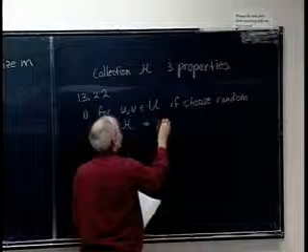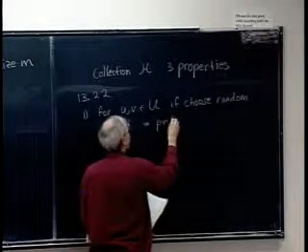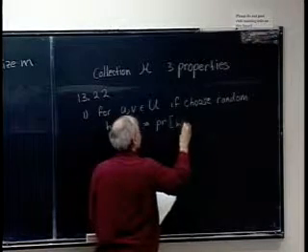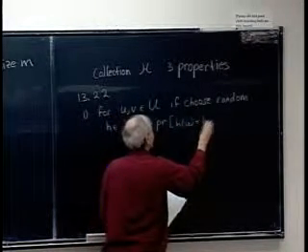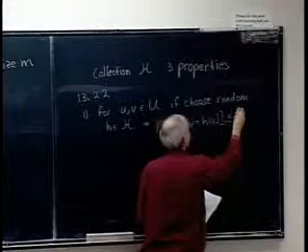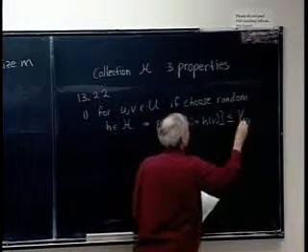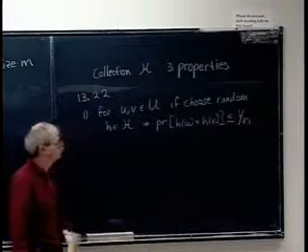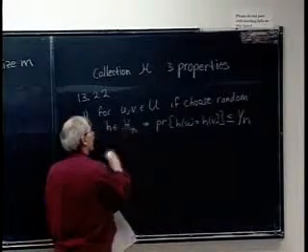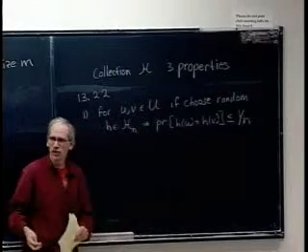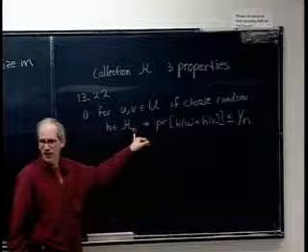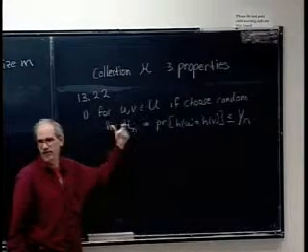Then the probability that these two collide is equal to or less than 1 over n. And again, let me emphasize that here we're assuming that our universal collection is mapping to a range of size n.